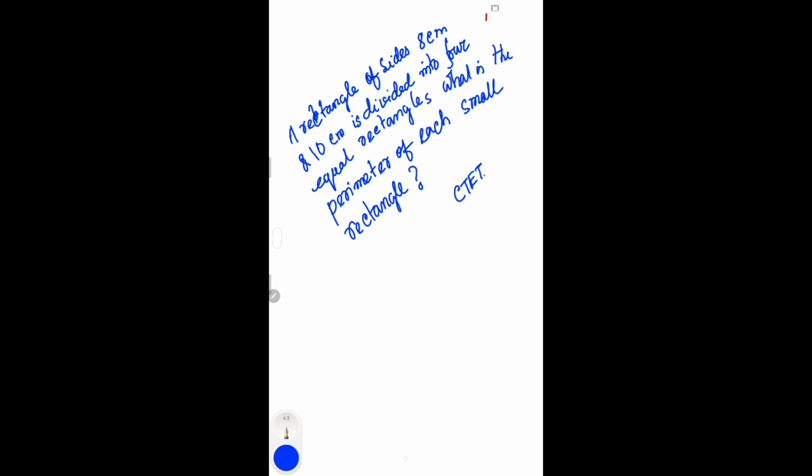That is CTET 2022. What's the answer of that question?